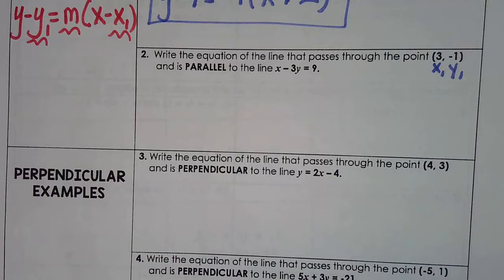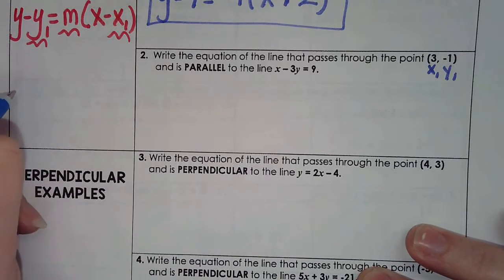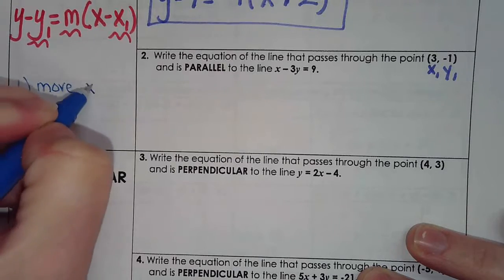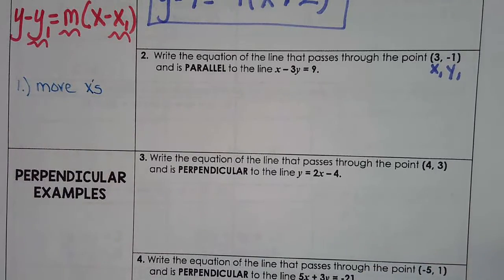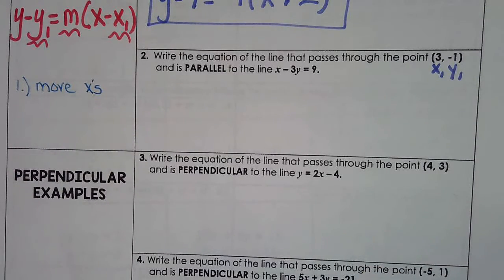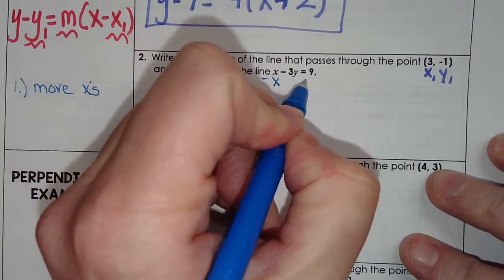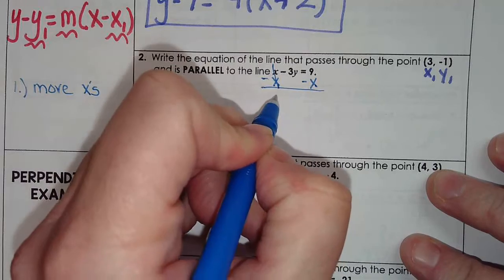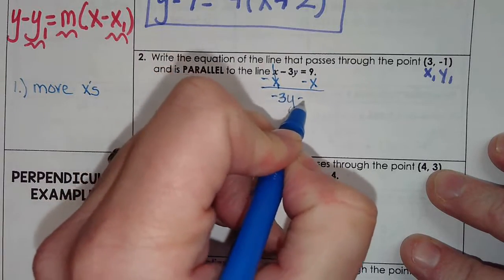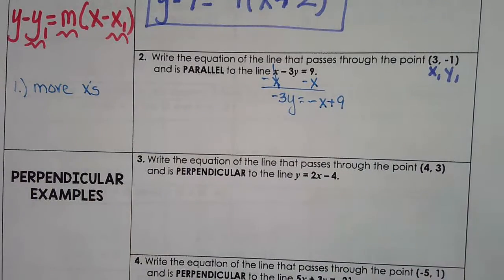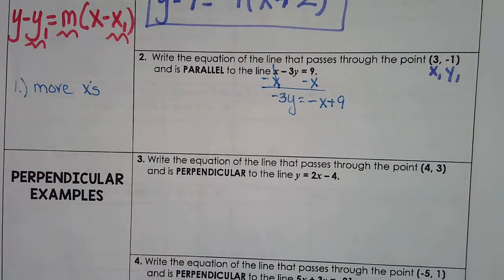So when you are getting things into slope-intercept form, first thing you do is move the x's. You don't just move them, you have to do the opposite operation to move it to the other side. So we are going to subtract x, and I'm left with -3y equals -x plus 9. What we're doing right now is not new. We have taken equations and put them into slope-intercept form before.